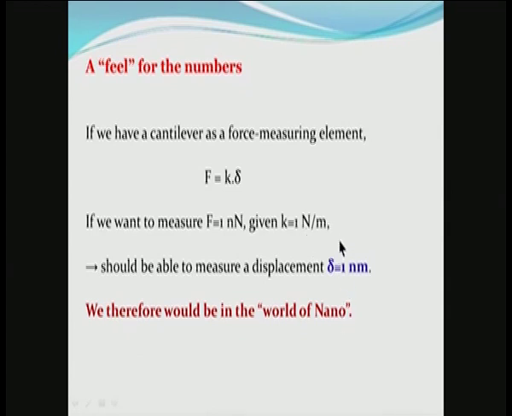So, what this set of simple calculations shows is that it is possible to make springs of very small spring constant, capable of measuring atomic forces and displacements that are again in the nanometer range of interest in nanomaterials and structures.